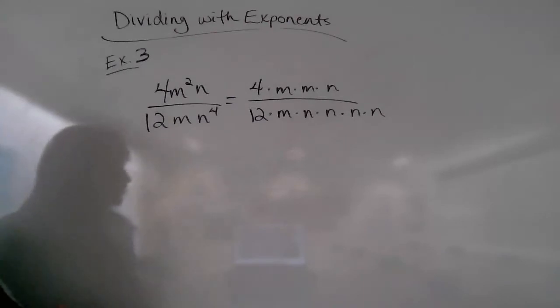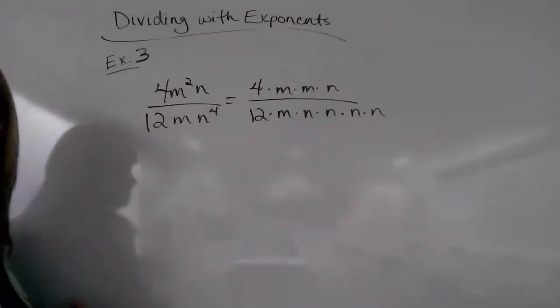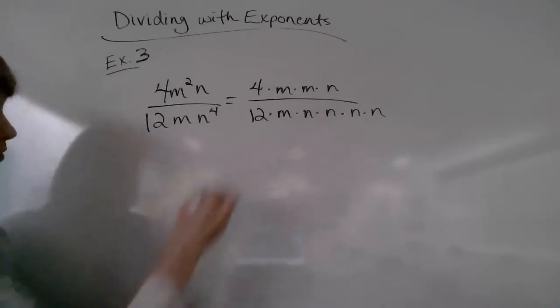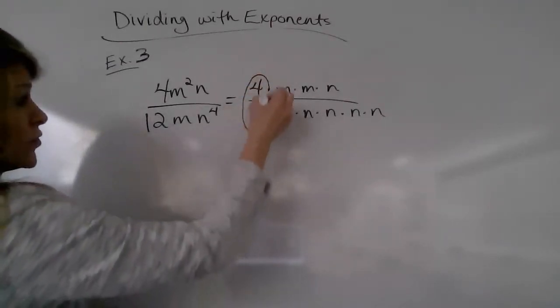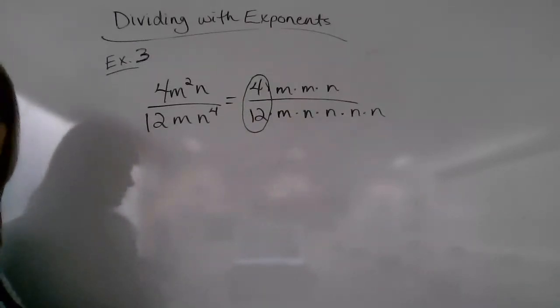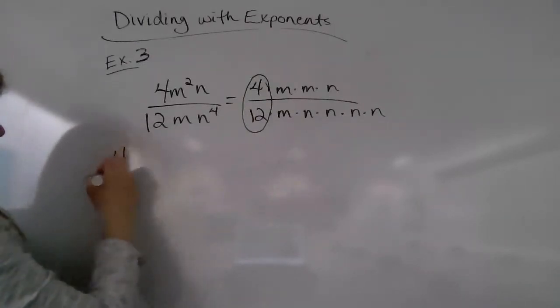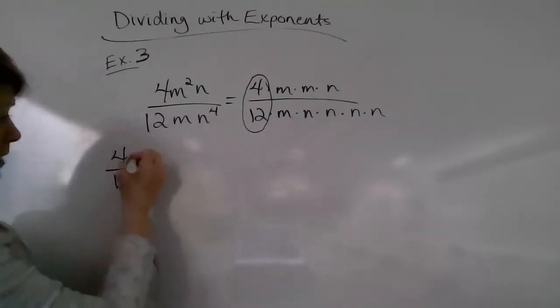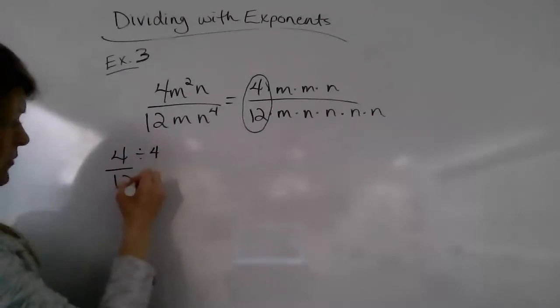We are going to do what we've been doing, which is to focus on each piece separately. Let's start with the numbers. 4 over 12 is a fraction. 4/12, these are both divisible by 4. Divide by 4 here, divide by 4 here.